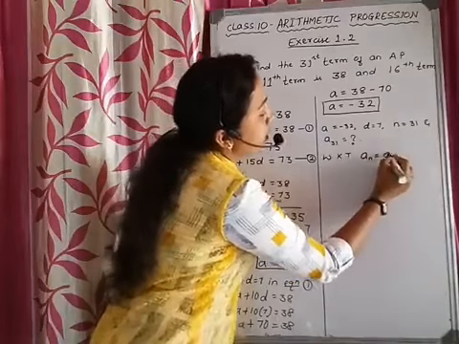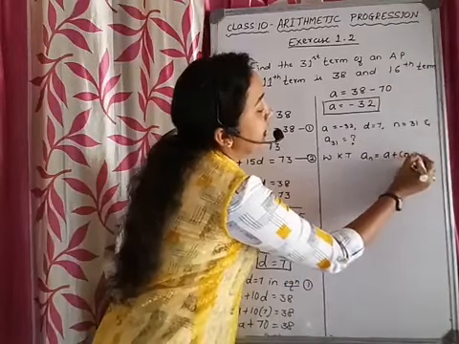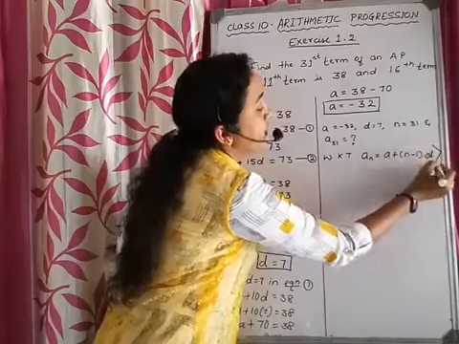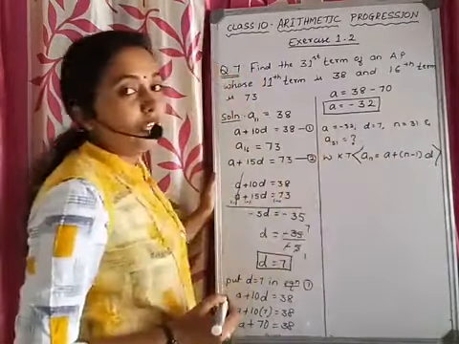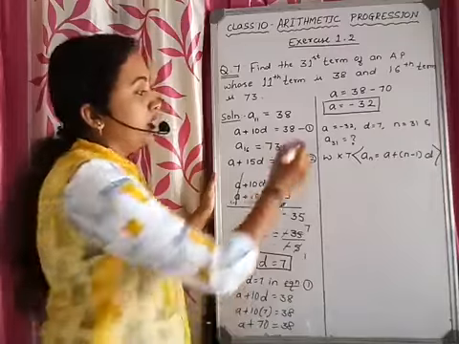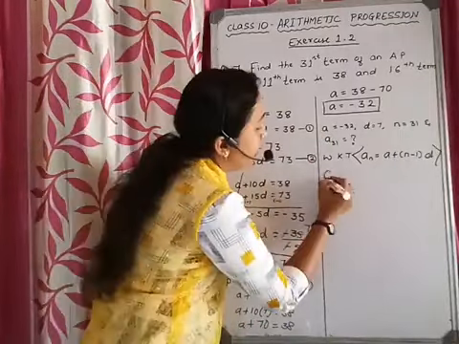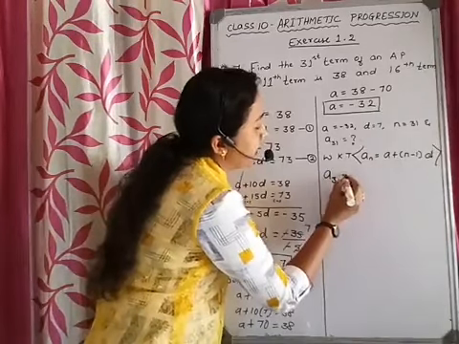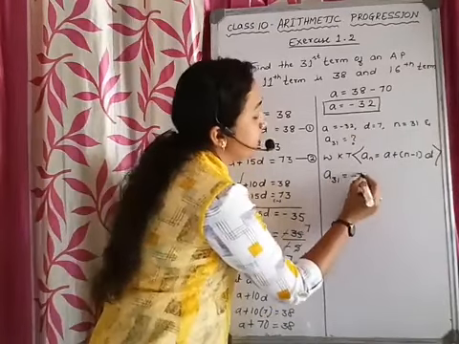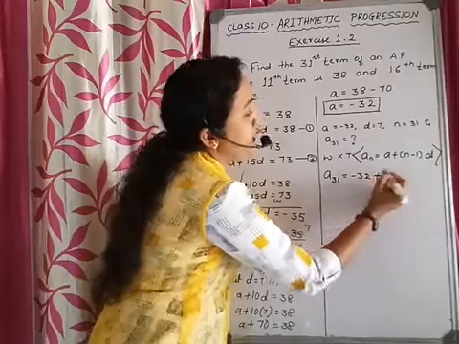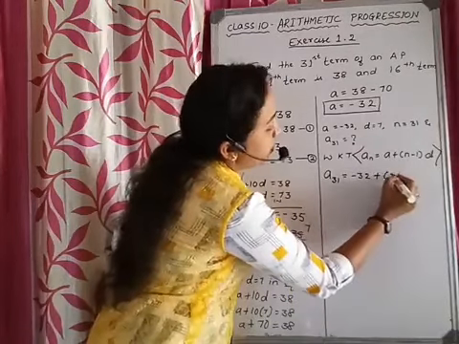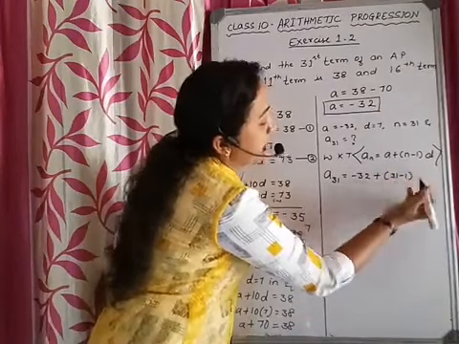So we know that AN is equal to A plus N minus 1 into D. This is our formula. So let us substitute the data into the formula. We have to find A31. A is known, which is minus 32. N is also known, which is 31 minus 1.